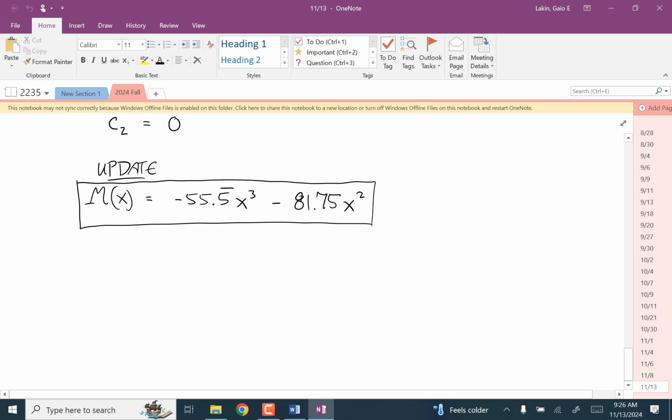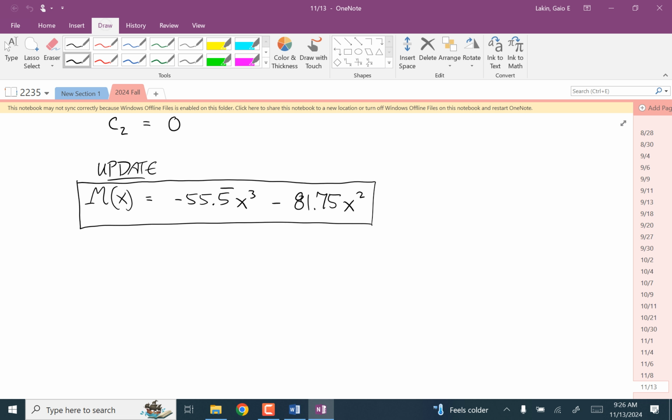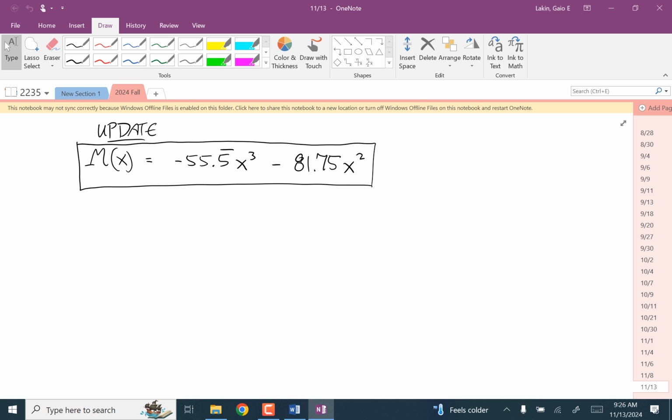Okay, so notice that in all of the examples we've done so far, the internal tensions have just been constants. We haven't ever had internal tensions as functions of x. Why is that? Because they've always been perpendicular.